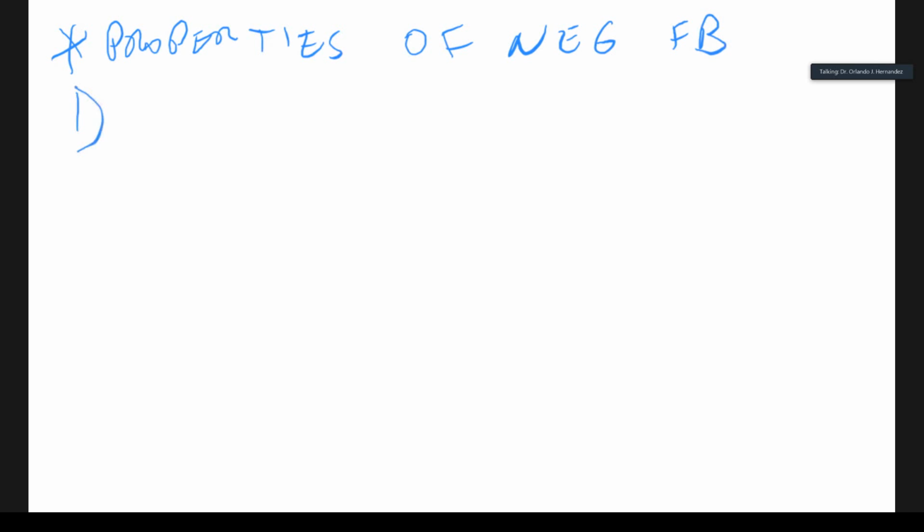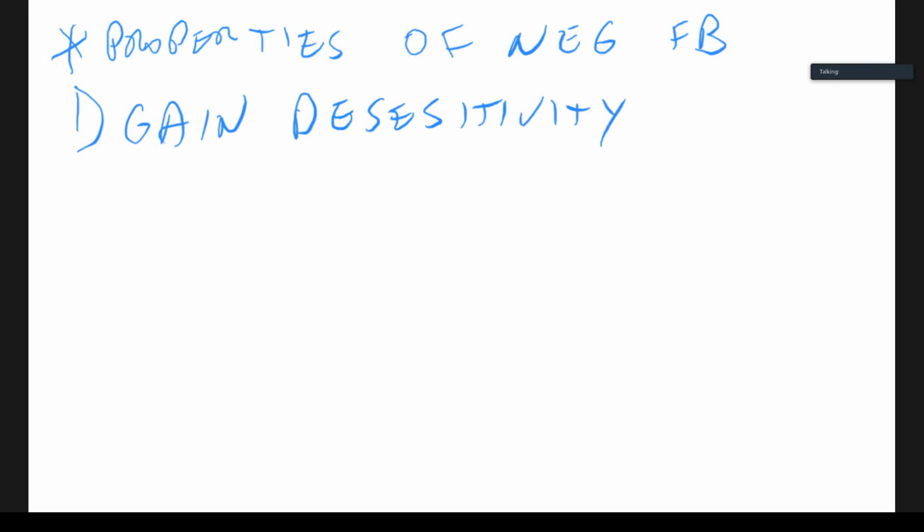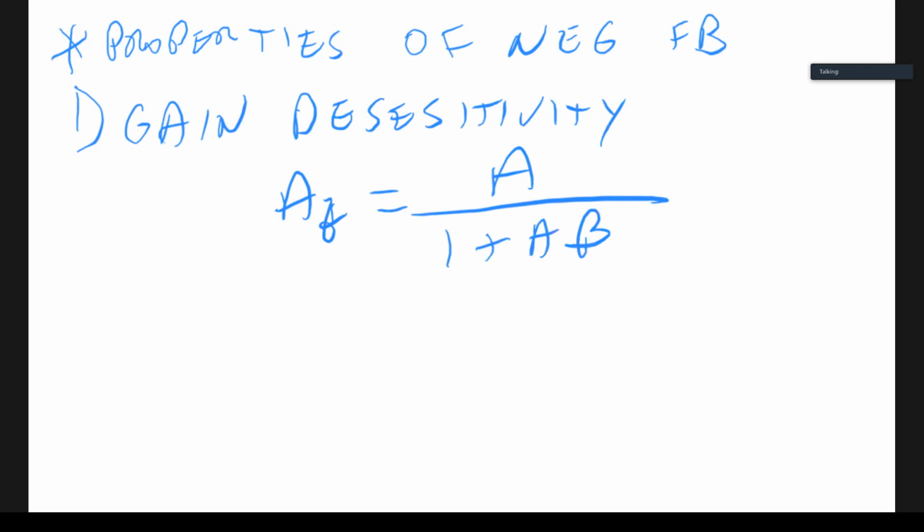So one important thing is making the circuit less sensitive to the gain. And if we formulate our closed loop gain as such, and if we want to see how sensitive the closed loop gain is to the open loop gain A, and what I care about is the closed loop gain.